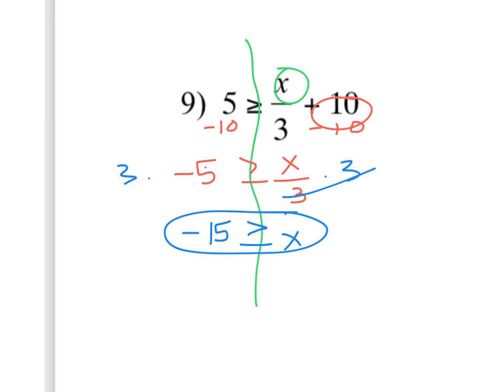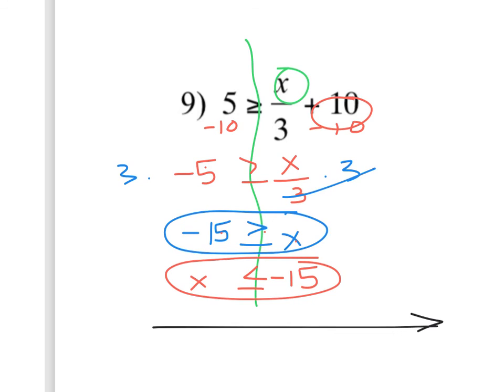And I want to flip it so x is less than or equal to negative 15. Okay, so now here's my number line, 0, 15, negative 15. Closed circle above the negative 15. And x is less than that, so my arrow would go that way.